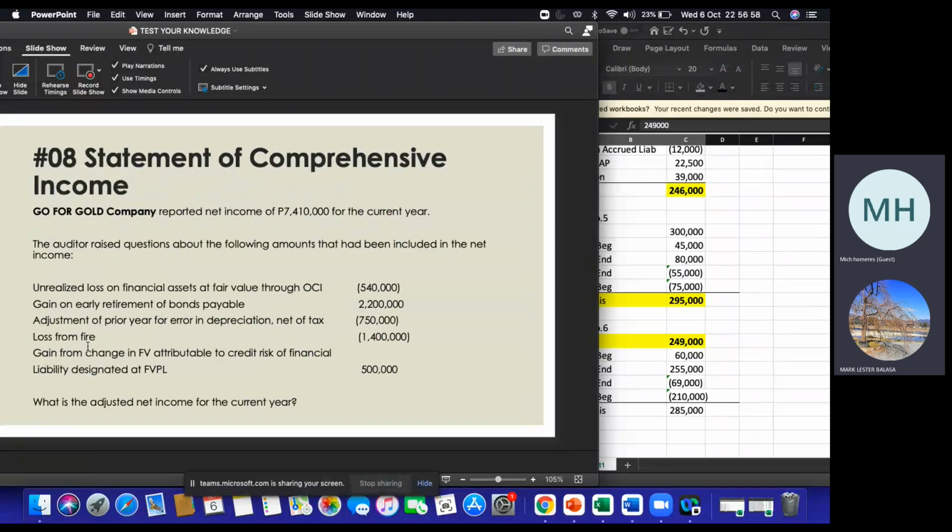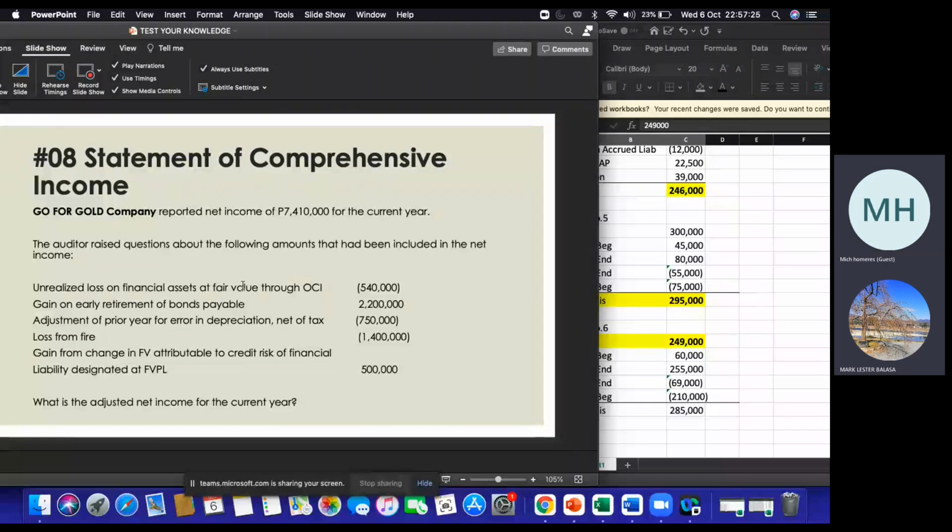Alright, statement of comprehensive income naman tayo, class. Alright? So dito, ang gagawin natin ay Gopher Gold Company reported the net income of 7 million for 10, okay, for the current year. The auditor raised questions about the following amounts that have been included in the net income. Therefore, ito class, sinama niya sa net income.